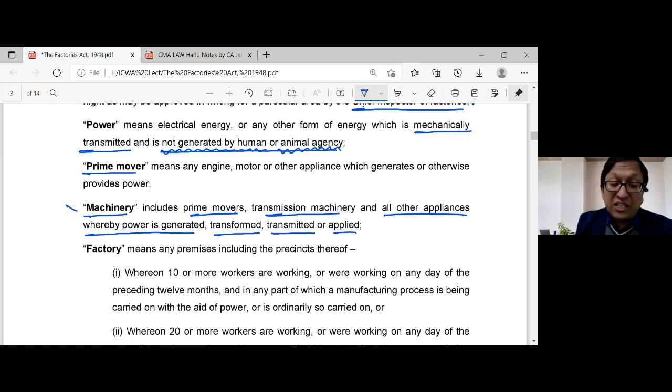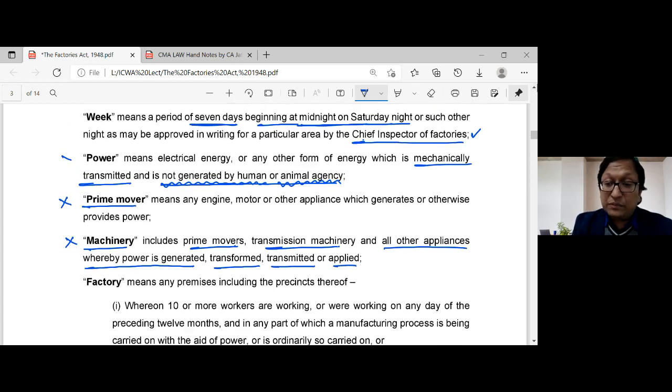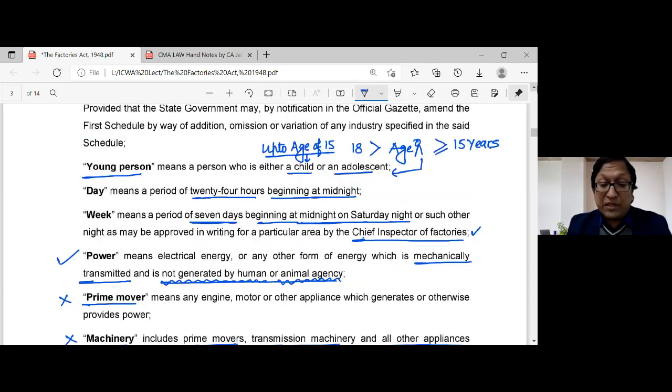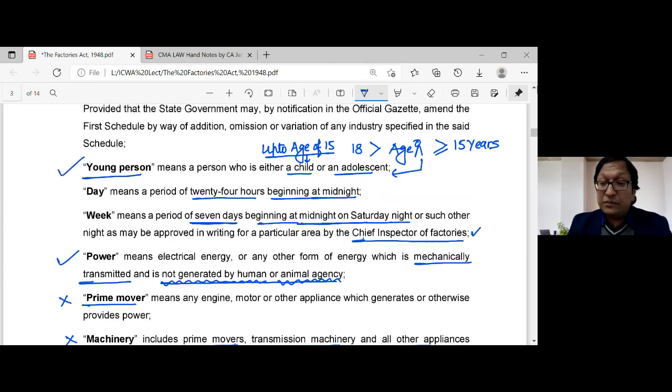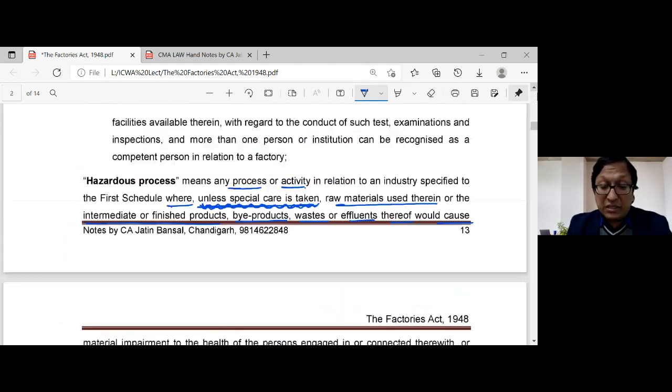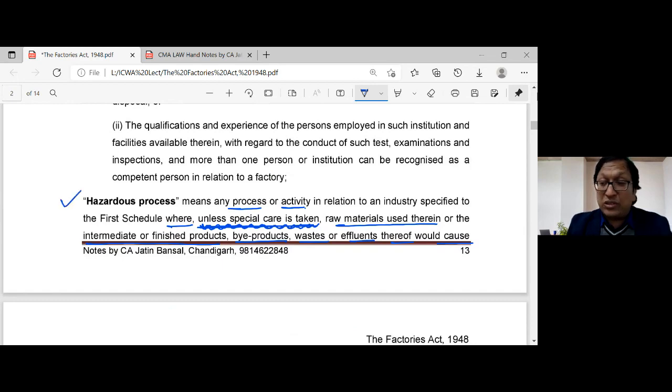You need not learn these definitions particularly. This power you need to learn, but not this prime mover. These are very simple definitions. Young person you need to learn. Then hazardous process, you need to understand.